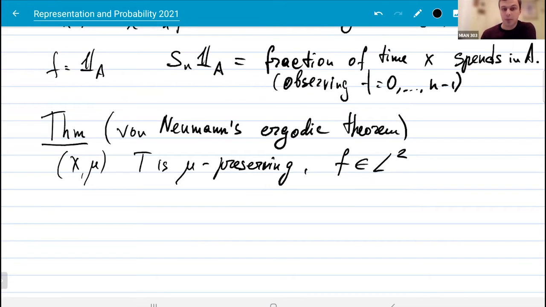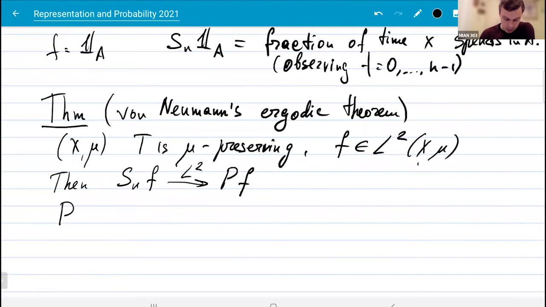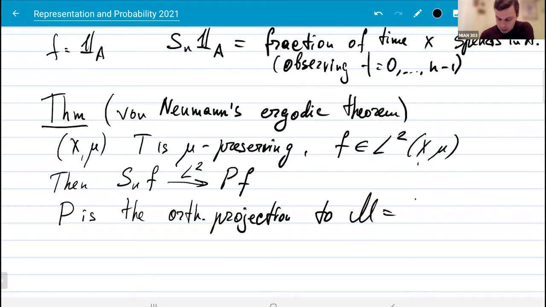Not L1, but a bit more: f belongs to L2 of (X, mu). Then Sn of f, the sequence of ergodic averages, converges in L2 to Pf, where P is the orthogonal projection to the subspace M of all invariant functions.